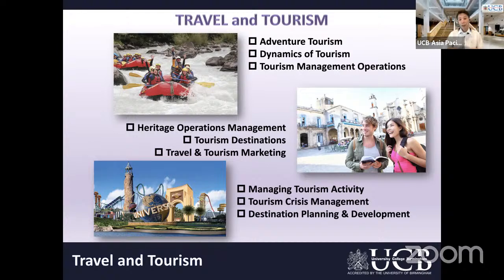Now, we talk about tourism management first. The difference is that tourism management is about how you bring people or tourists into a destination. Let's say, for example, take Japan.